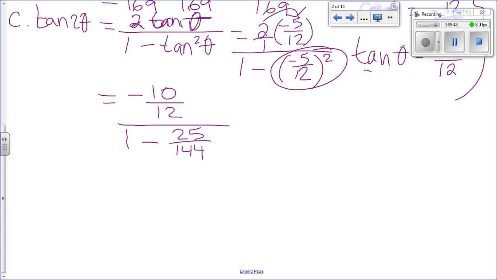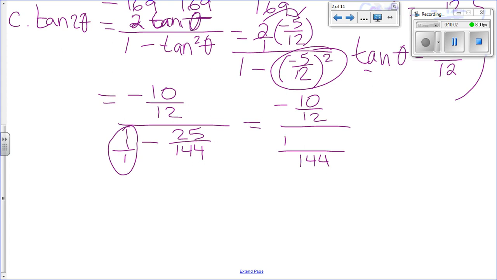So there are several ways to solve them. For instance, we could do this. Negative 10 over 12 over, right here we'll have 144. So that means that this one will be 144 over 144, and then minus 25. So we could do that. We'll get negative 10 over 12 over 119 over 144.